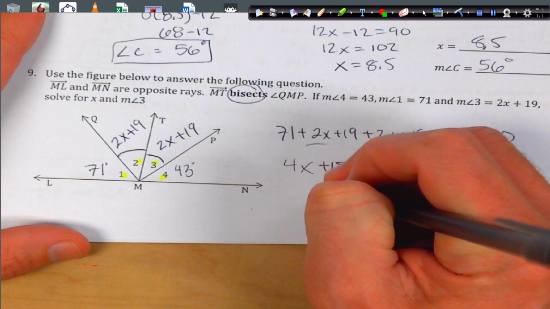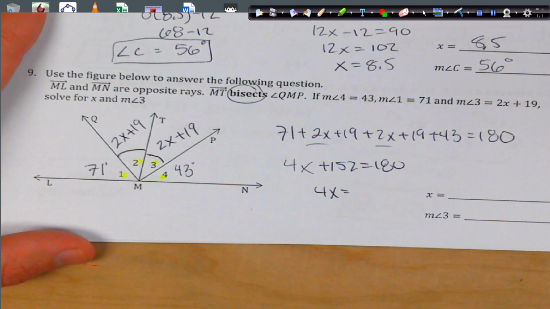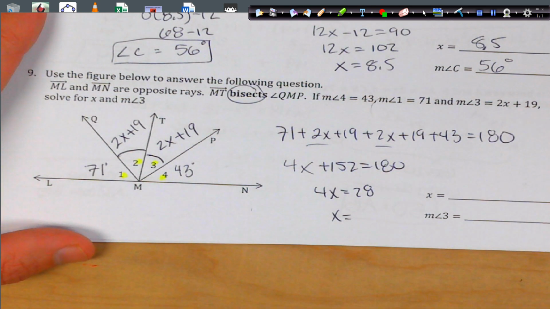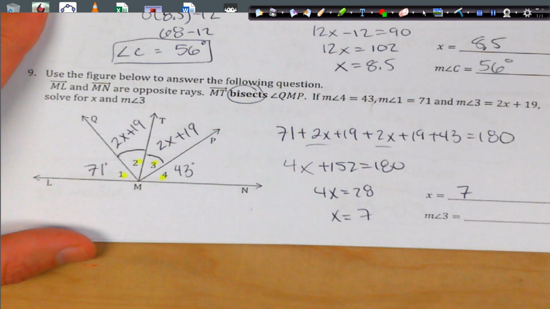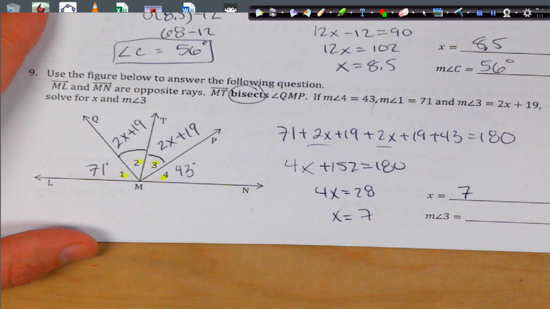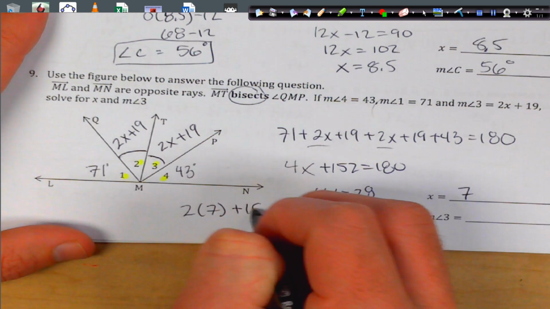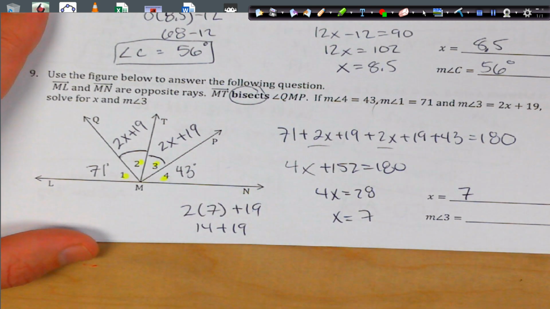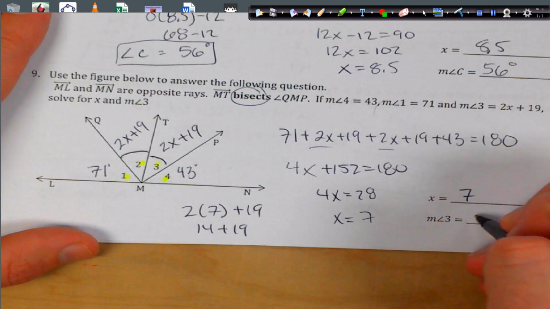Then we subtract 152, and that should be, I think, 28, but we'll double check. It is, and then divide, I believe that's 7, and that is correct. So x equals 7, then to find it, we're going to plug it back into angle 3, so that's 2 times 7 plus 19, 14 plus 19, I think it's going to be 33? But let's double check. Yep, it is.